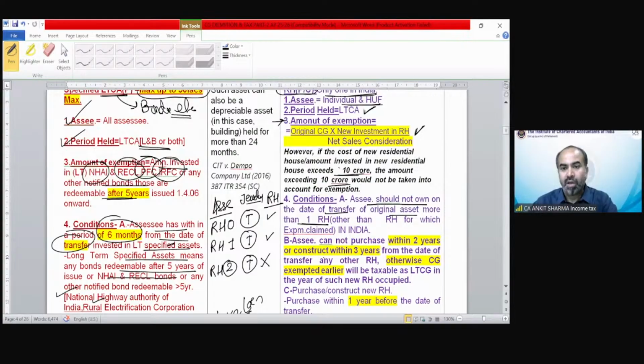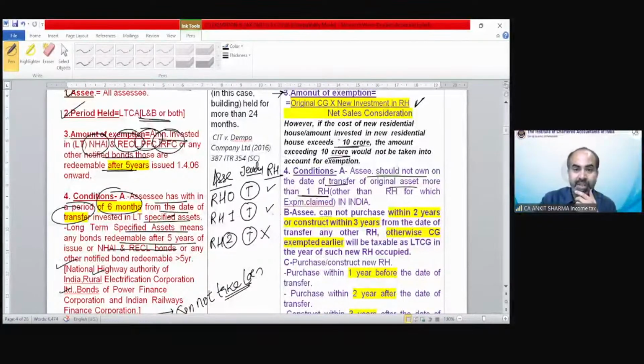Also see, the new condition is here. The assessee cannot purchase within 2 years or construct within 3 years from the date of transfer any other residential house. Once you claim exemption, once you purchase a new residential house or construct a new residential house, then you cannot purchase another residential house or construct another building for the next 2 years or next 3 years.